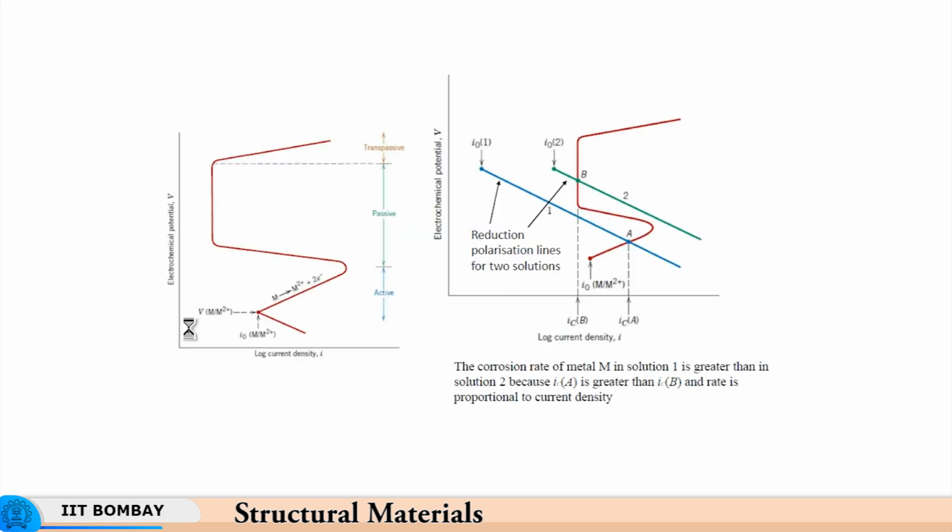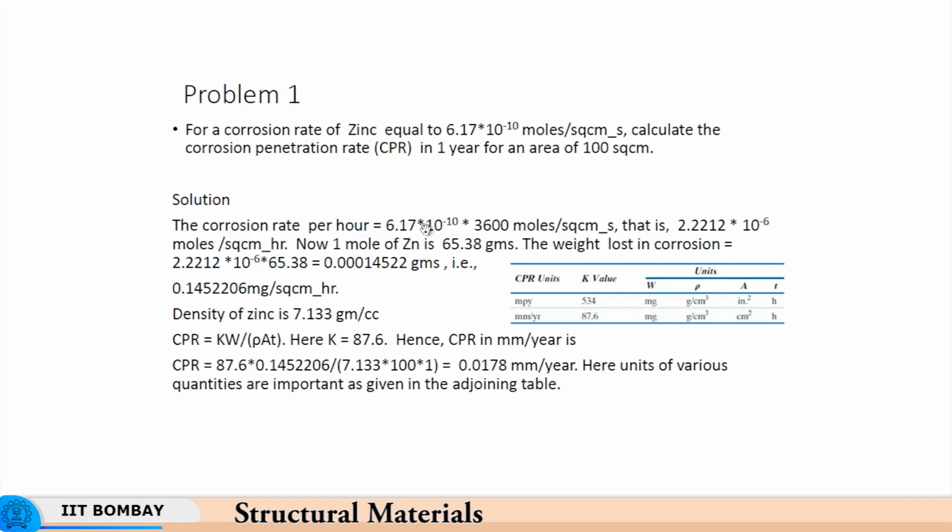So, this corrosion rate is per square centimeter per second. The CPR, the corrosion penetration rate, is given as KW upon rho A T.